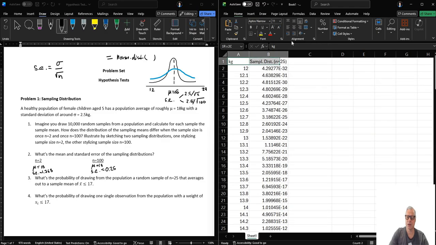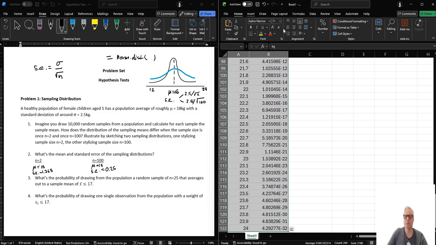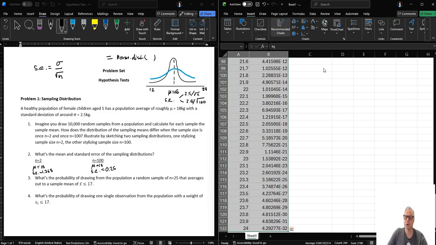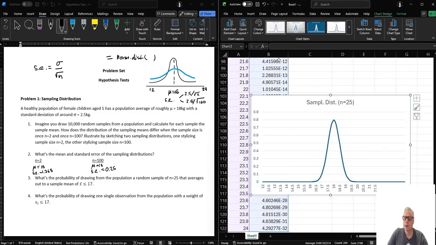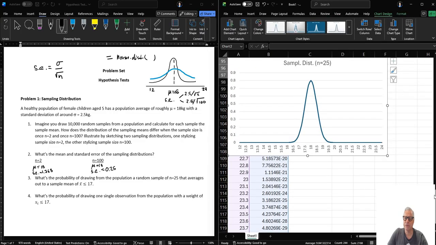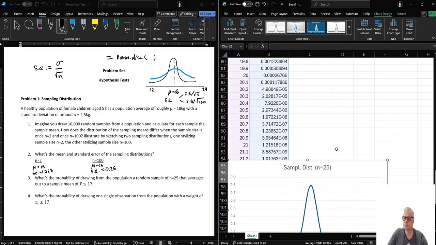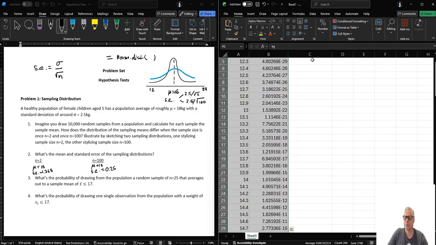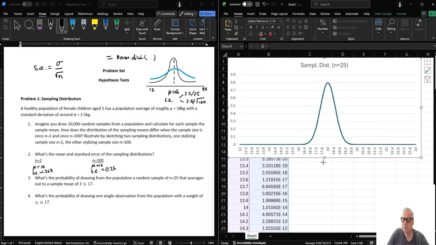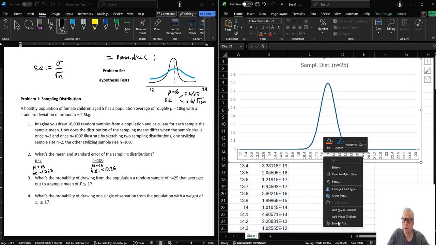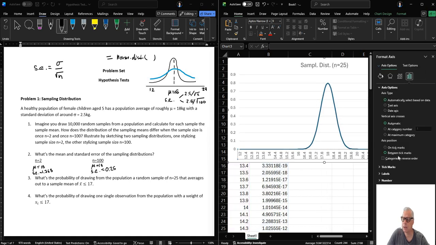And now let's take a look at this sampling distribution by going to Insert, Recommended Charts. And so now here we see the sampling distribution. Let's put it up here. Okay, let's format it again a little bit nicely.